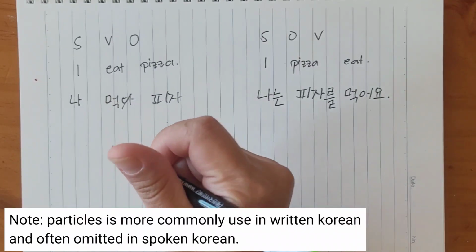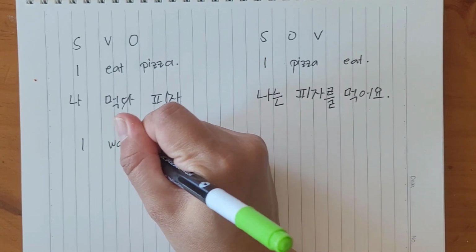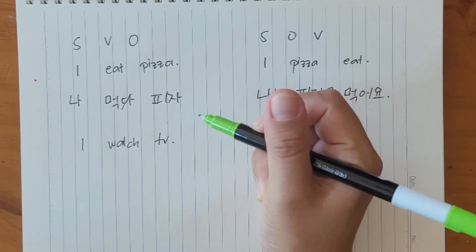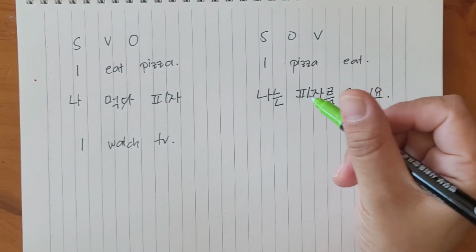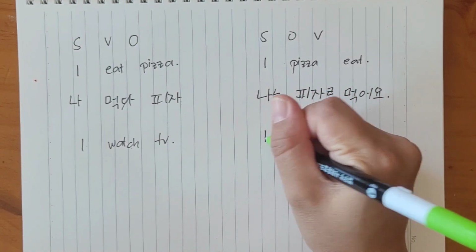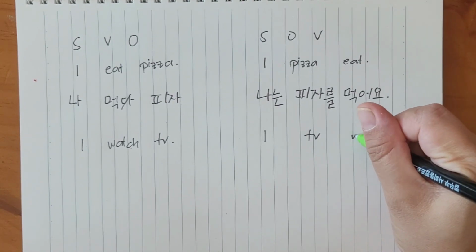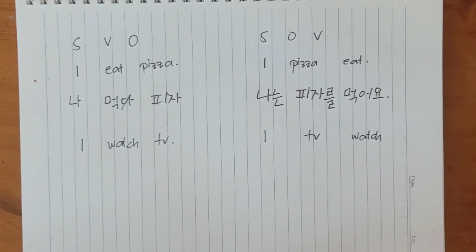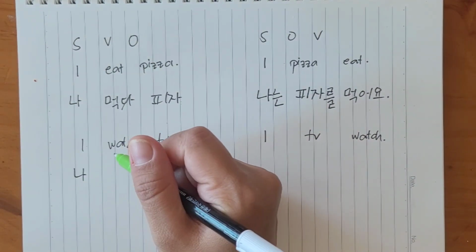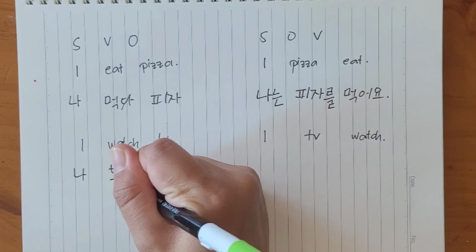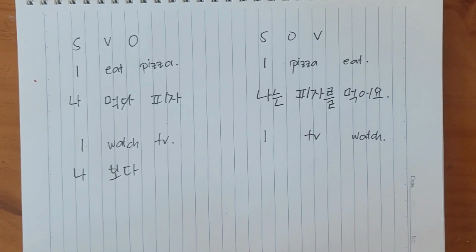Another example: I watch TV. So, in Korean, I, TV, watch. I is 나, diba? Watch is 보다. TV is television, but i-shortcut lang natin siyang TV.